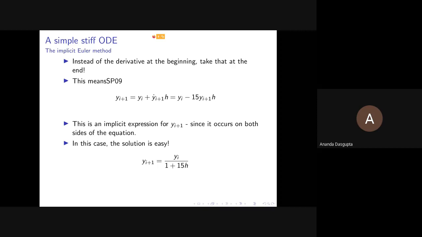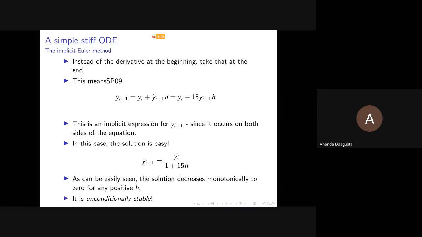Here, on the other hand, you have to solve for yi plus 1 at the end of the day. As I pointed out, in this case it was easy to do. In many other cases, it will be horribly difficult to do by hand. But then you can always resort to numerical methods to find out what yi plus 1 is going to be. So implicit methods are often better.